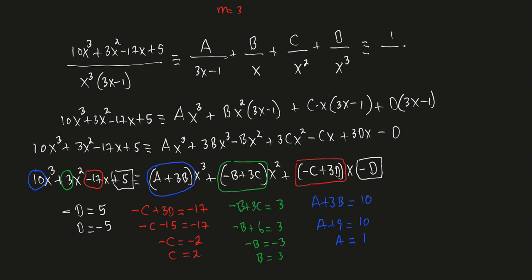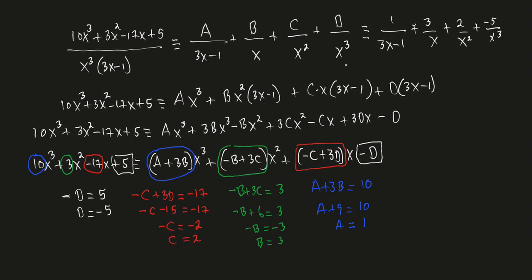So we have 1 over 3x minus 1, and then b is 3, so we have plus 3 over x, and then c is 2, so we have plus 2 over x squared, and then d is negative 5, so then plus negative 5 over x cubed. So integrating this, or our original, is equivalent to integrating this, right? So let's actually do the integration.